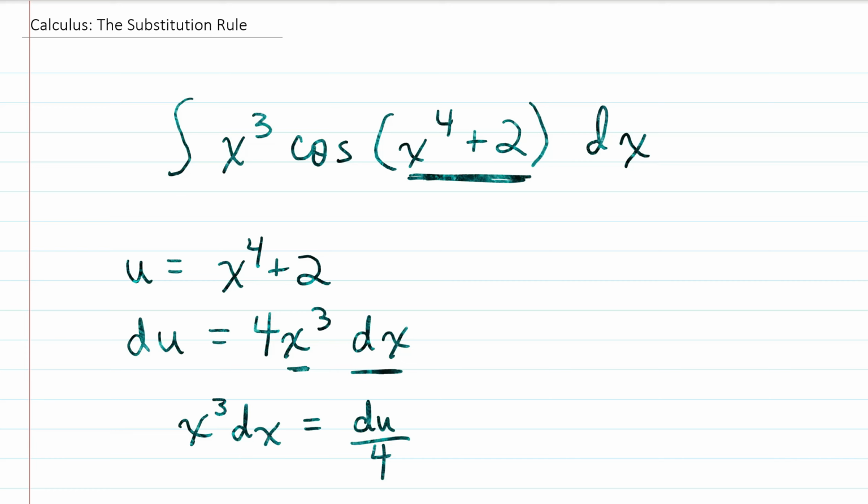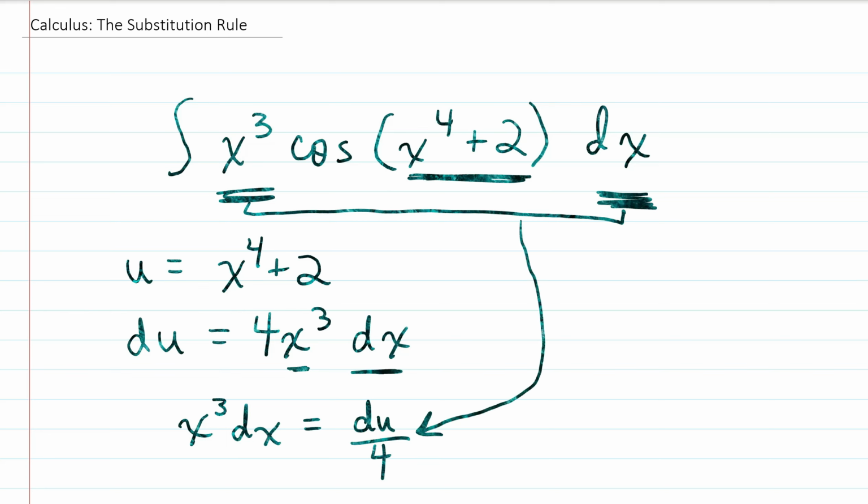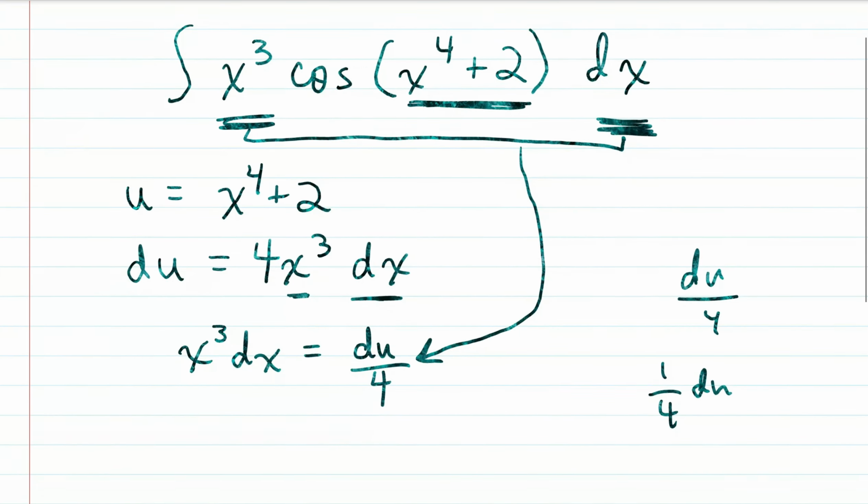Well, why did I do that? Well, if you look up here, we have x to the third, and we also have dx. So that x to the third dx we just said is du over 4, or we can write that as 1/4 du. Alright, so let's keep that in mind.